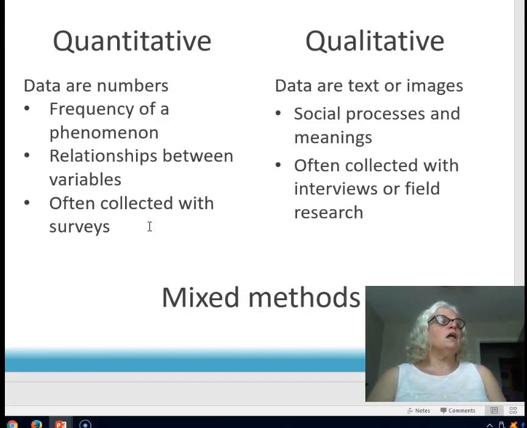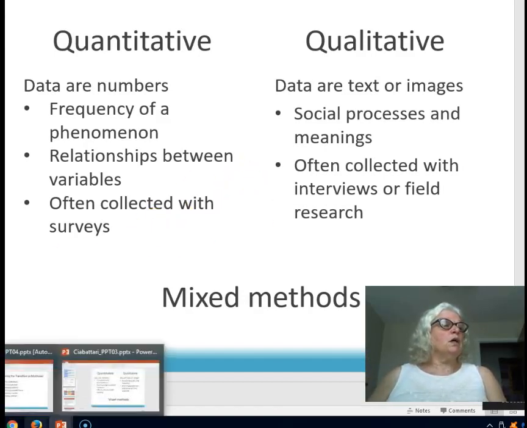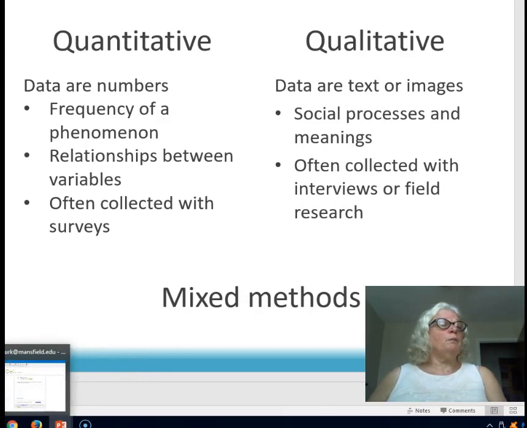Surveys are a quantitative collection oftentimes because they're quick with a lot of numbers. That's data and numbers, whereas qualitative means are oftentimes collected by interview or field research. Now, occasionally we'll do qualitative by surveys as well, but that takes a lot of gathering information in the process to explore what's going on.